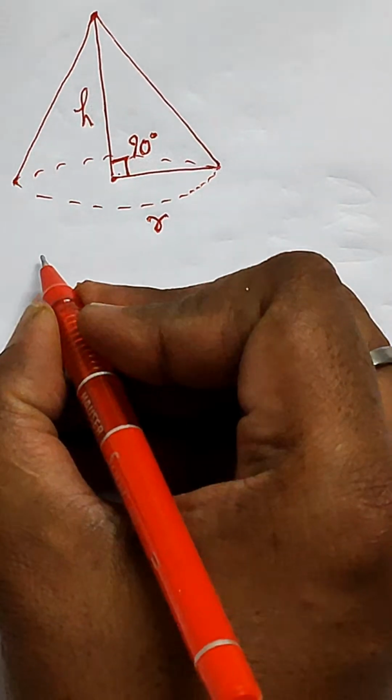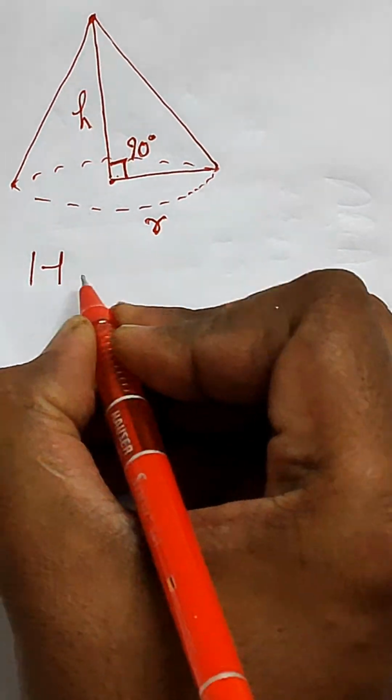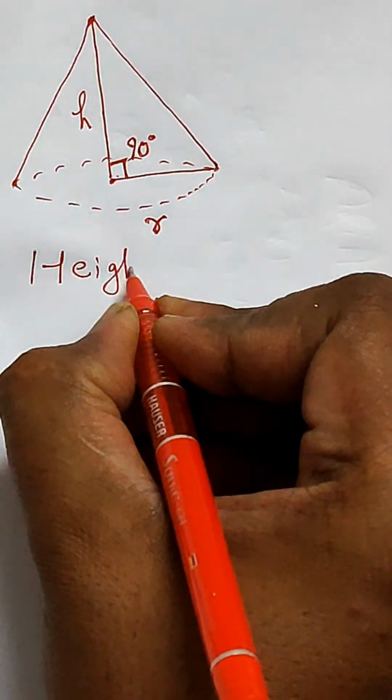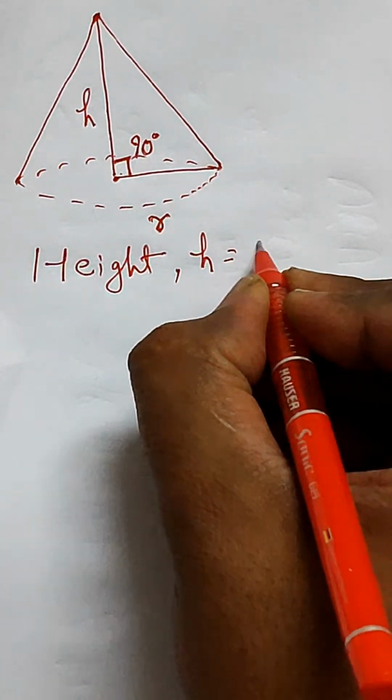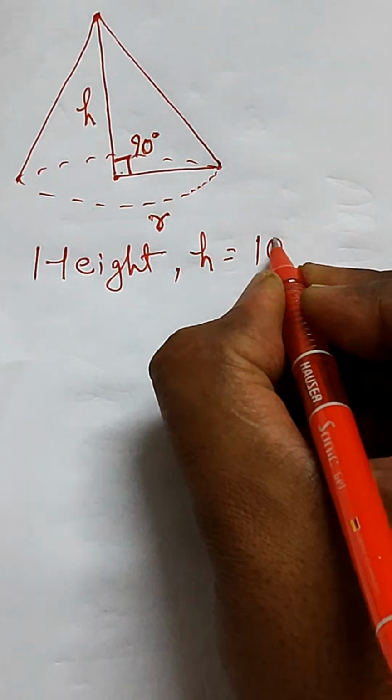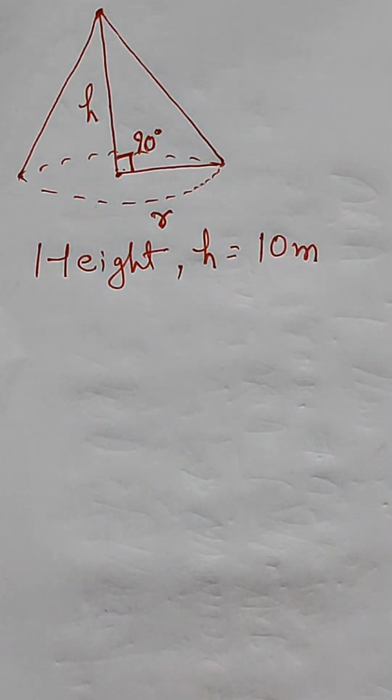Now coming to the question directly, a conical tent is 10-meter high and the radius of its base is 24-meter. So the height is given to you for this conical tent as 10-meter.